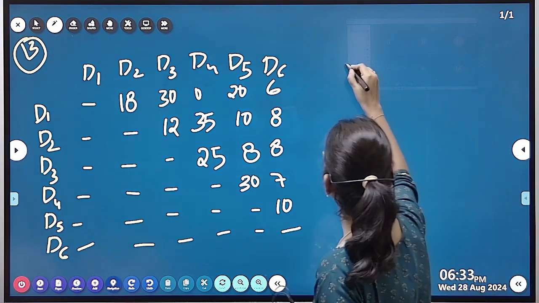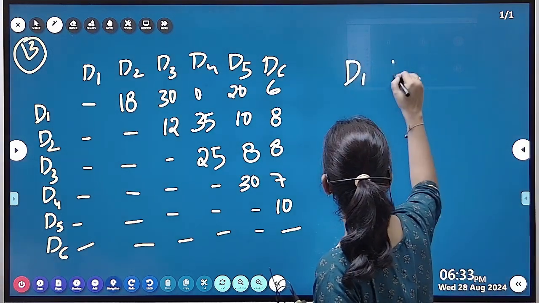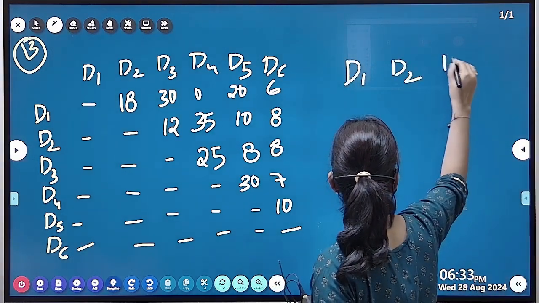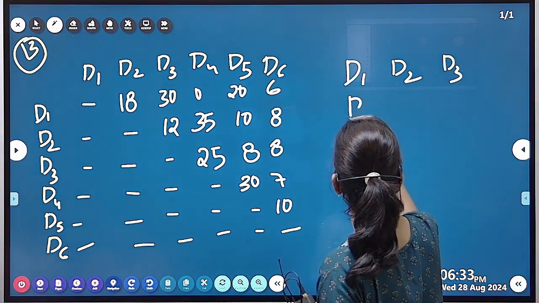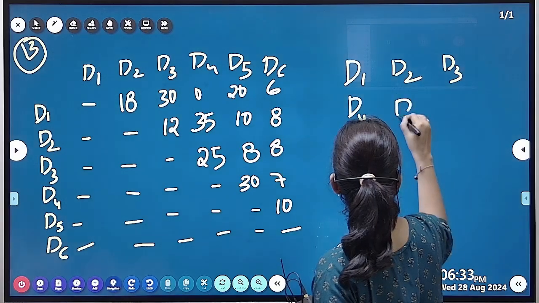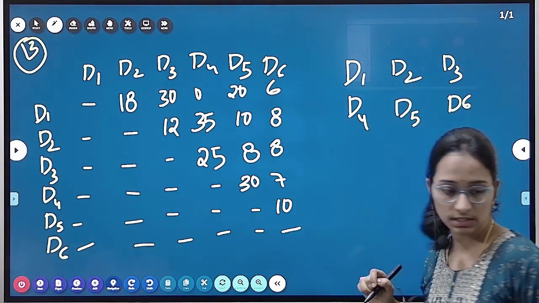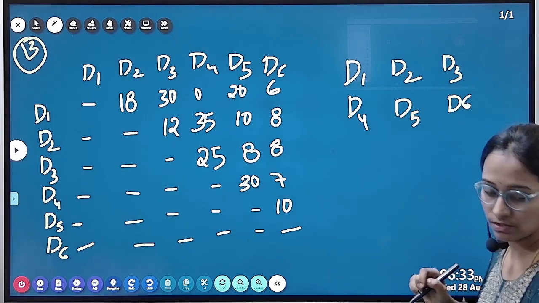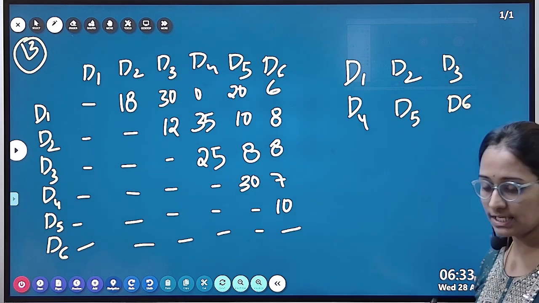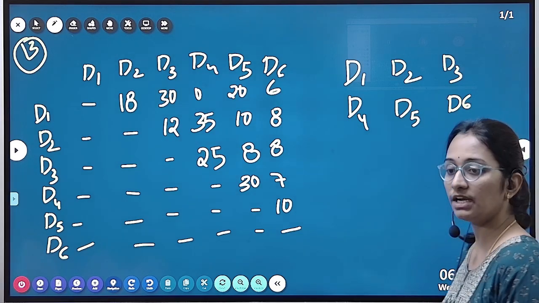So what is the layout he has given? D1, D2 and D3, D4, D5 and D6. Okay, this is the layout he has given, right? So what are the adjacent pairs and non-adjacent pairs? Tell me.